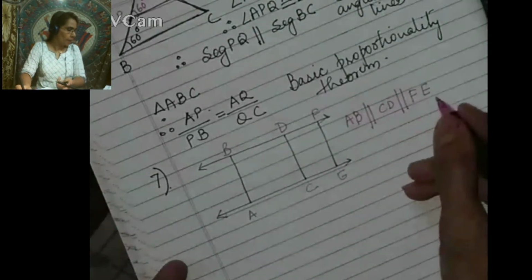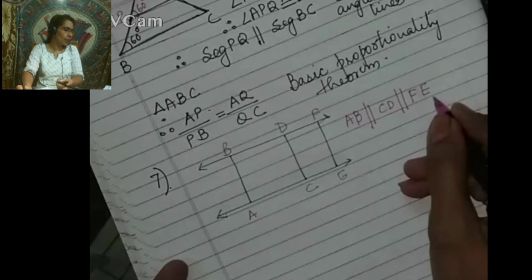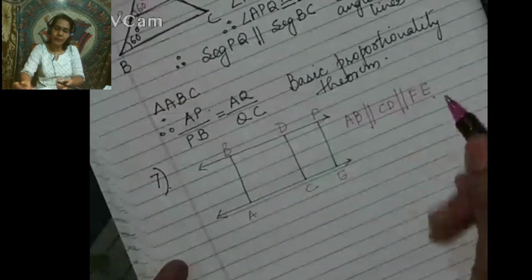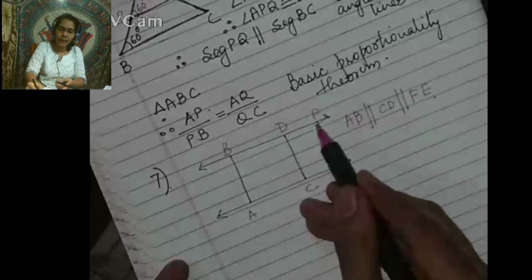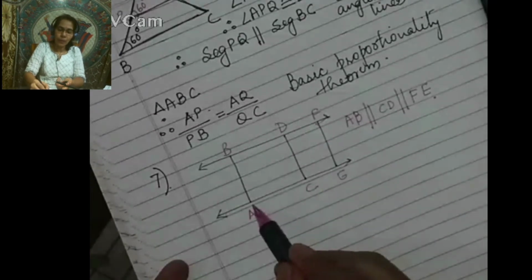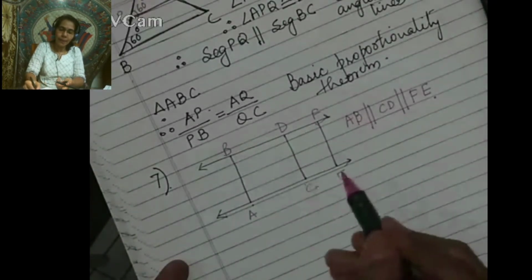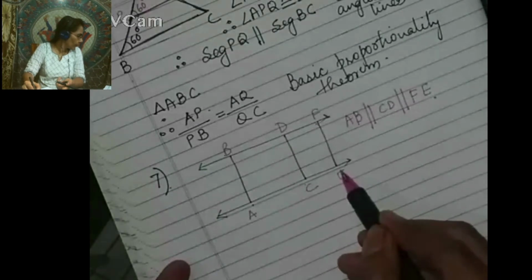Now if these three are parallel to each other, BD upon DF will be equal to AC upon CE.